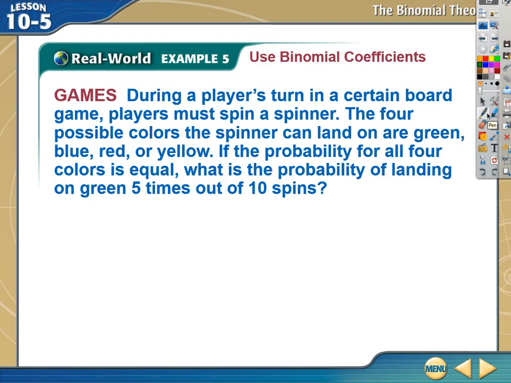This is really not too difficult. So I'm going to define a couple of variables real fast. I'm going to say S is equal to the probability of success. And F, you guessed it, is the probability of failure. Okay.